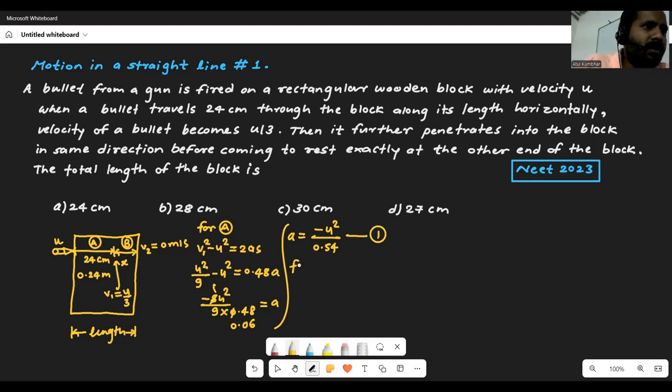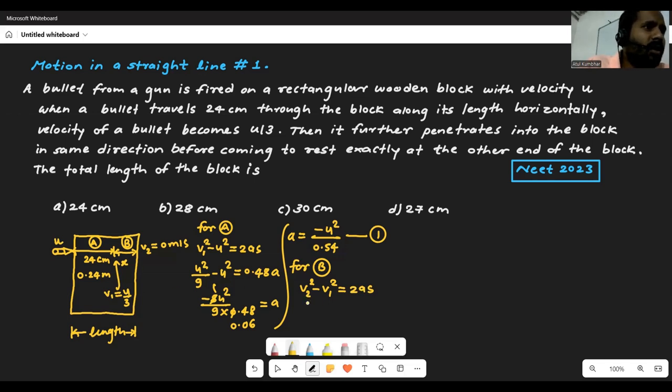Now for the B case, we apply the same equation, Newton's third equation. V2 square minus v1 square is equal to 2as for that displacement.